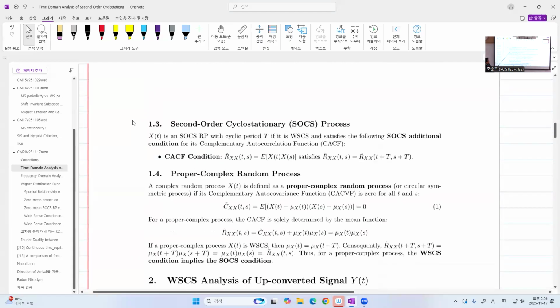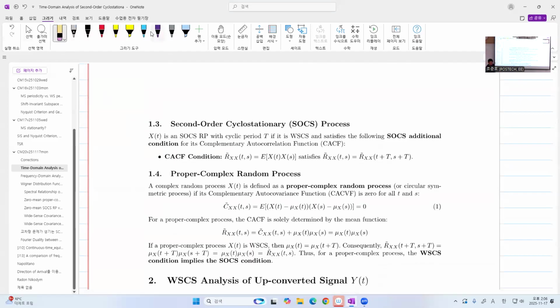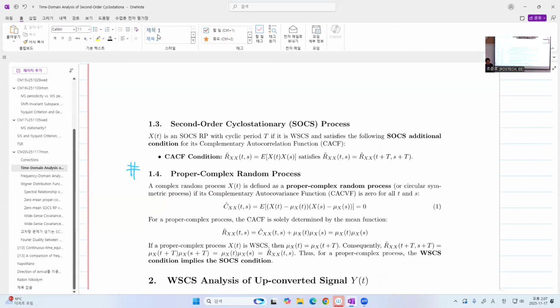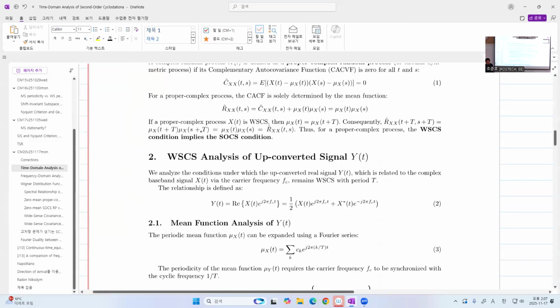That's why last time I gave you this definition of second-order cyclostationarity with an additional condition in terms of the complementary autocorrelation function. Got it? Of course, if we have properness or propriety guaranteed, then Y-sense stationarity and second-order stationarity become the same. So propriety is often just assumed in that case. We don't need to talk about the complementary autocorrelation function.